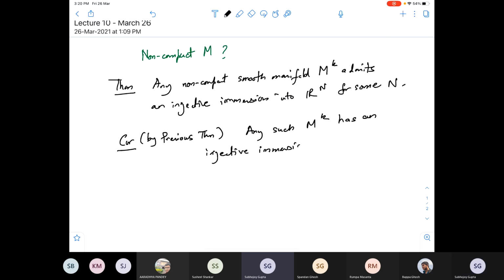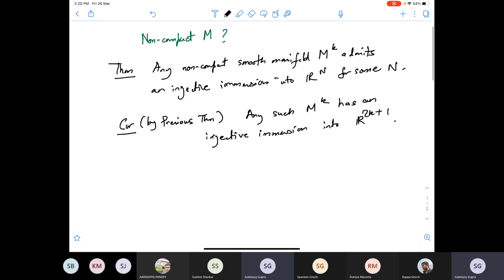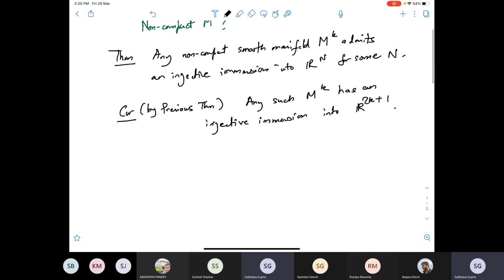All right, so we have to start from somewhere. We have to first show there is something in R^n. And our previous argument for compact manifolds doesn't work because we don't know whether you have finitely many charts covering M^k. So you can't quite do that earlier argument we did.